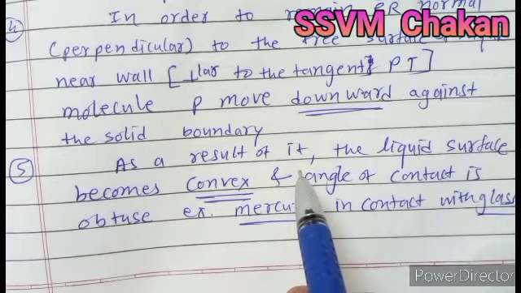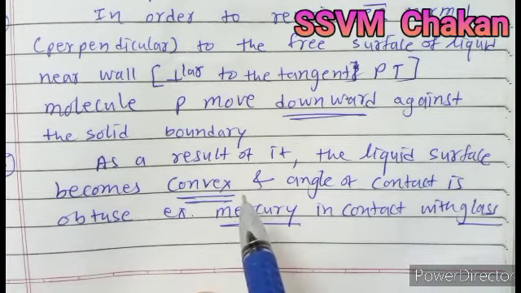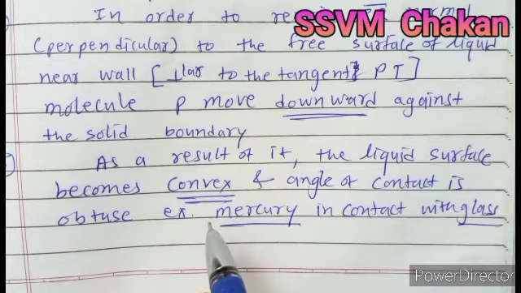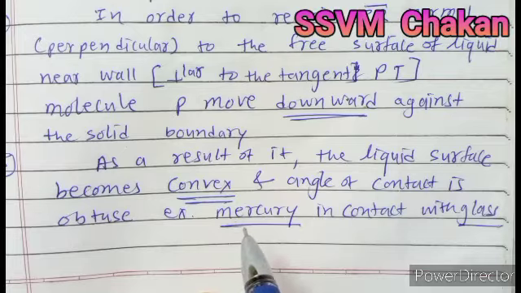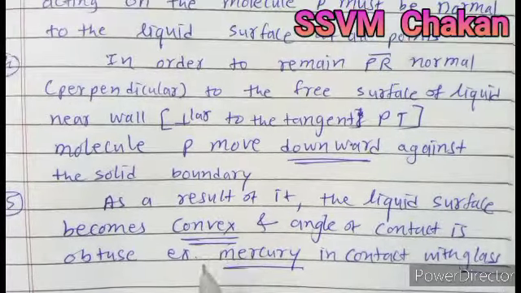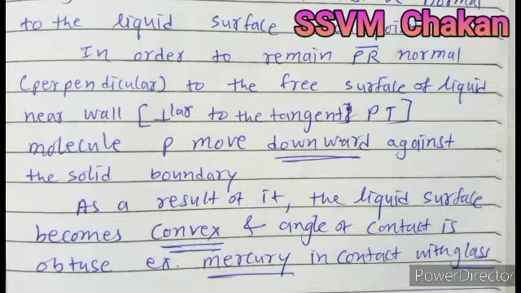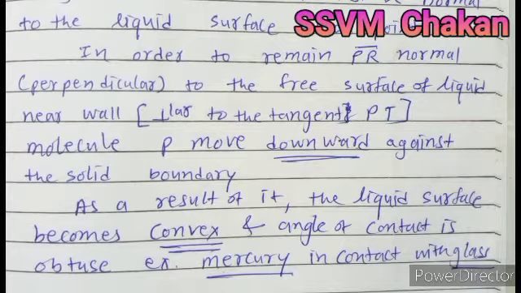As a result, the liquid surface becomes convex and the angle of contact is obtuse. This is the example of mercury in contact with glass. So only the underlined words change from the concave meniscus.